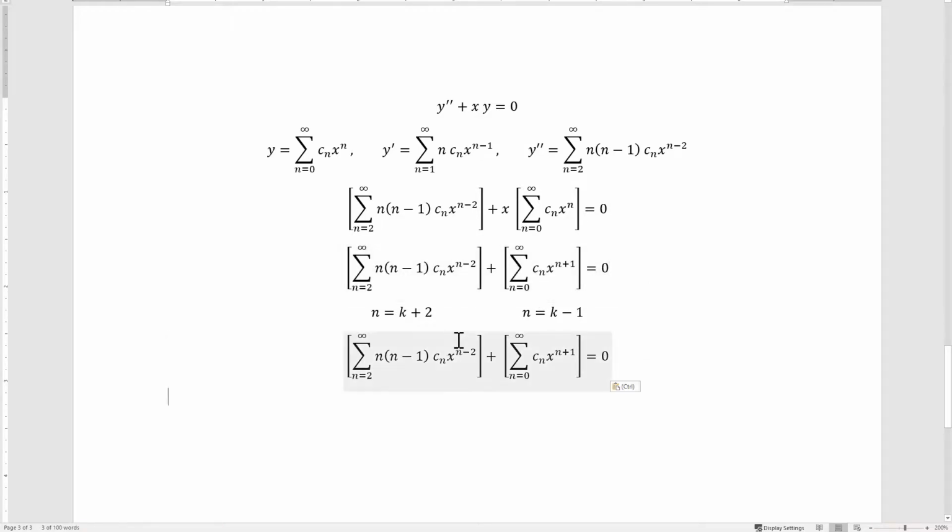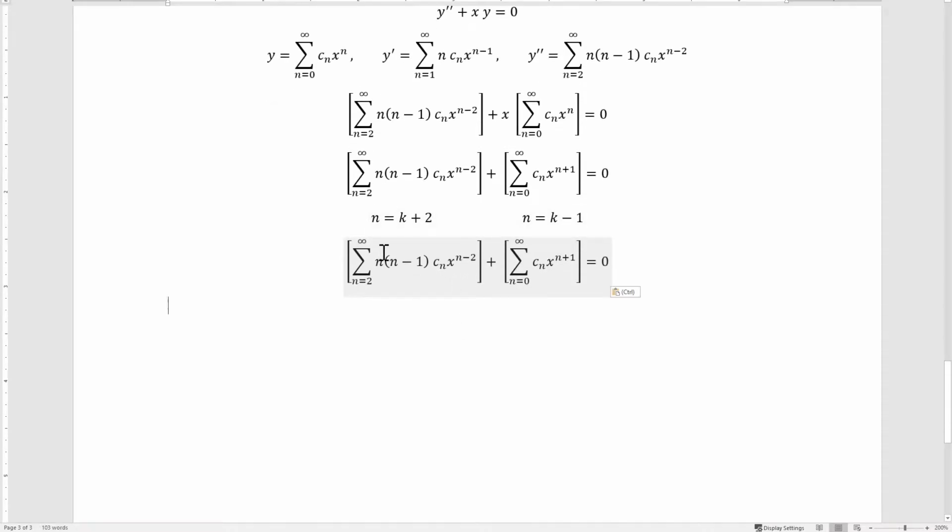All right, let's see how this is going to go. Let's do it one by one. Let's take care of this relationship over here. This is going to get replaced with k plus 2 minus 2. That's just going to be k, and this is going to get replaced with k plus 2.